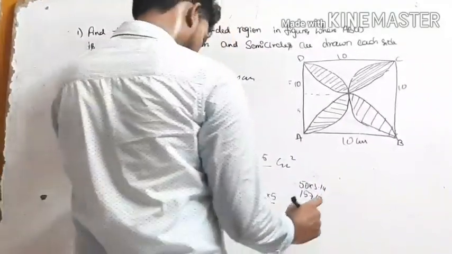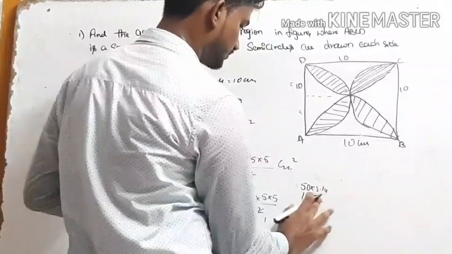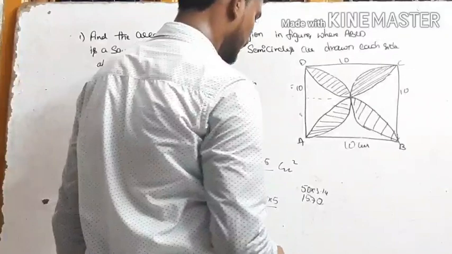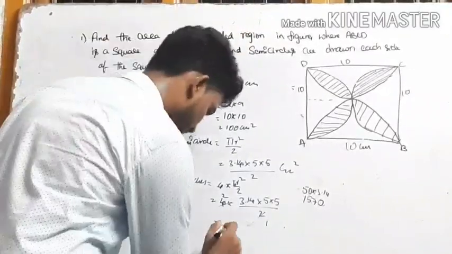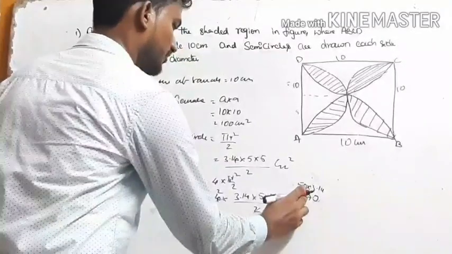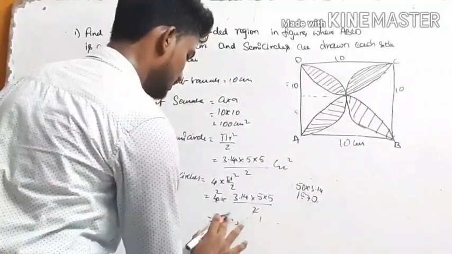That gives 157.0, which is the area of the 4 semicircles.